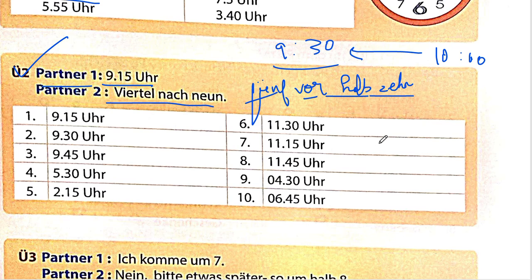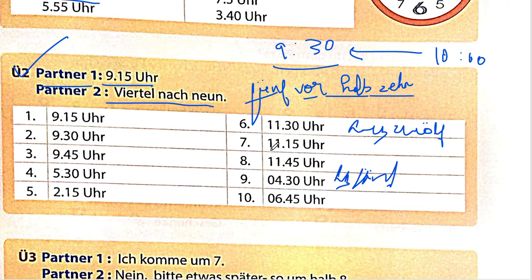Whenever they have 30, you just think of the next number. If it is 11:30, then it will be 12, and you just have to add a halb here. If it is 4:30, then after 4 the next is 5. So you will just write halb 5.